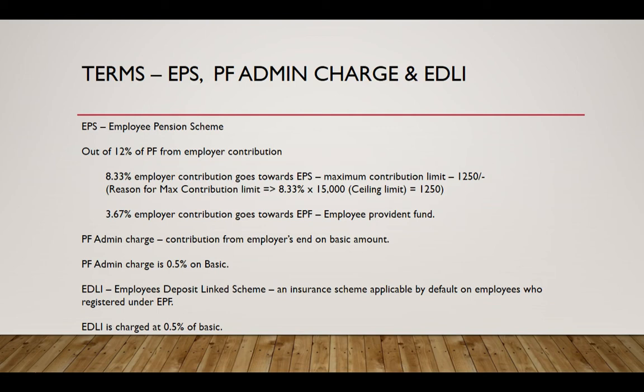The contribution towards EPS is limited to 1250 rupees. That is the maximum contribution which can go into the employee pension scheme. The reason for the limit is the ceiling limit defined by the government. So 8.33% of 15,000 is 1250.